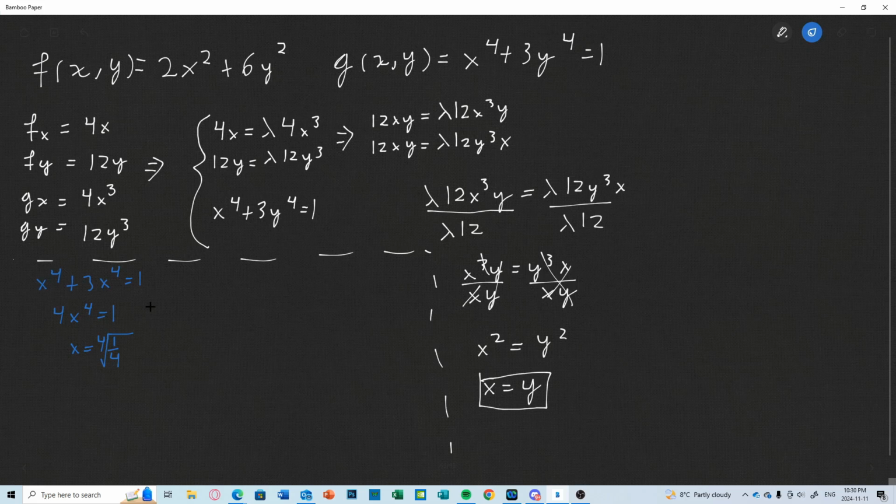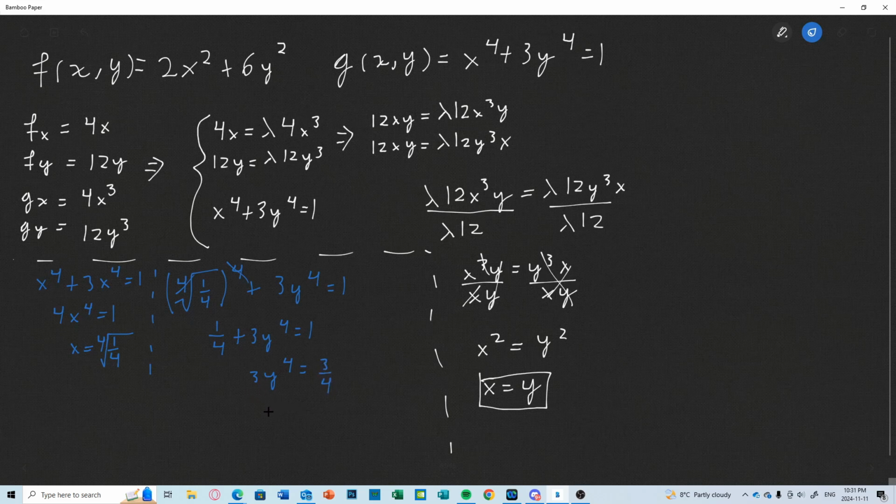And now we put this back into our original constraint just to find our y. So we're going to have the fourth root of 1/4, all to the power of 4, plus 3y to the 4 is equal to 1. Now these will cancel, so we get 1/4 plus 3y to the 4 is equal to 1, which will give us 3y to the 4 is equal to 1 minus 1/4, which is 3/4.